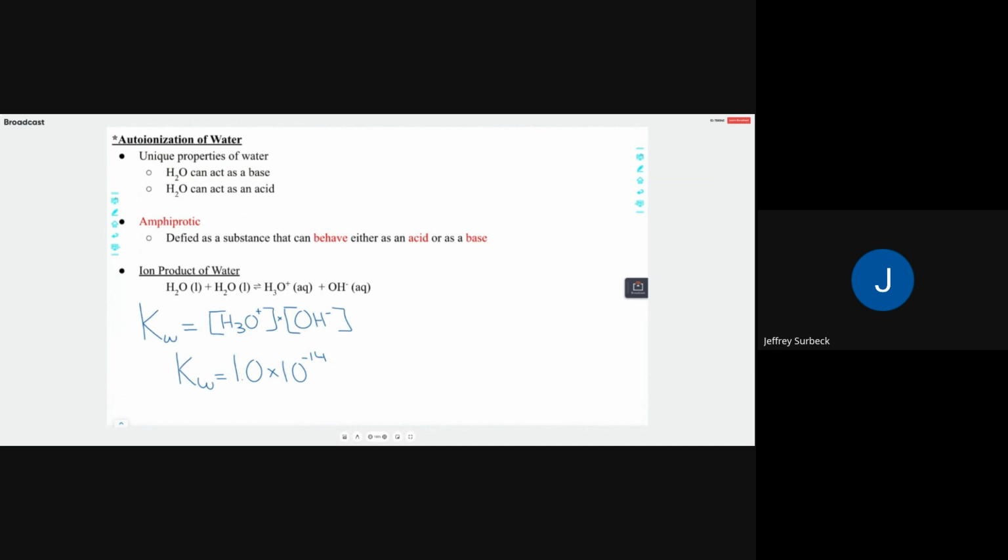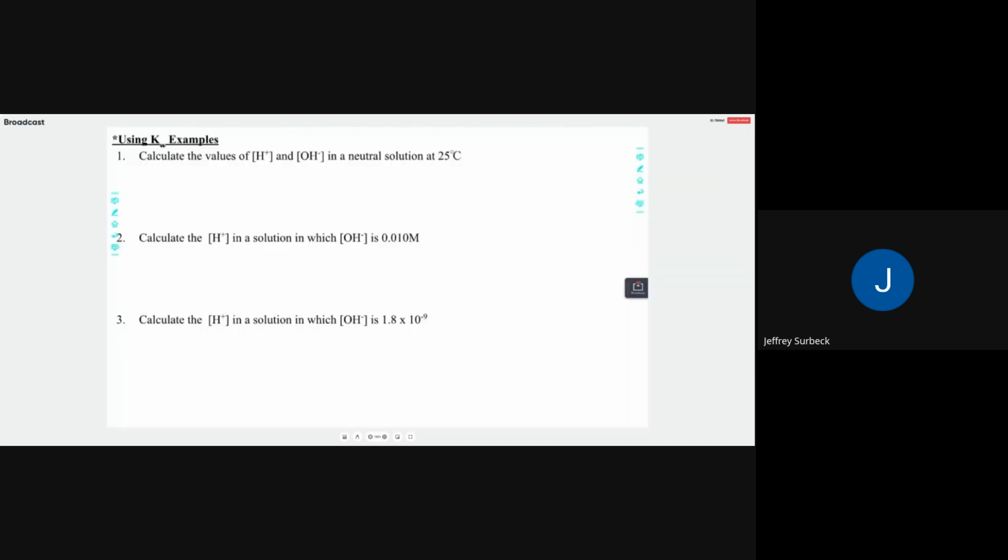Now, any questions before we turn to that last page here? All right, so what I want you to do is this. Remember this info that I'm putting right here. And does anyone need this before I move on? And we're going to start with this. It says calculate the values of H plus and OH minus at 25 degrees Celsius.